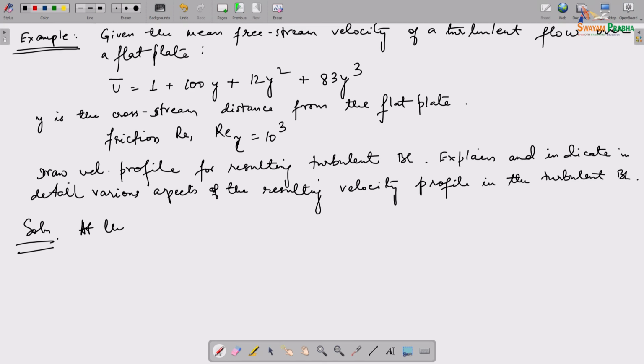So, we can write that at the wall, the shear stress is entirely a viscous contribution.